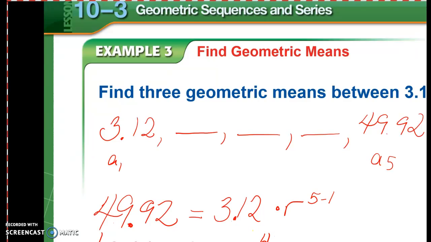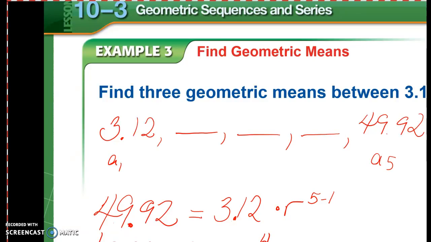Let's divide by 3.12. So we get 16 equals r to the fourth. And then remember, when solving exponential equations, we can take the fourth root and r equals 2.